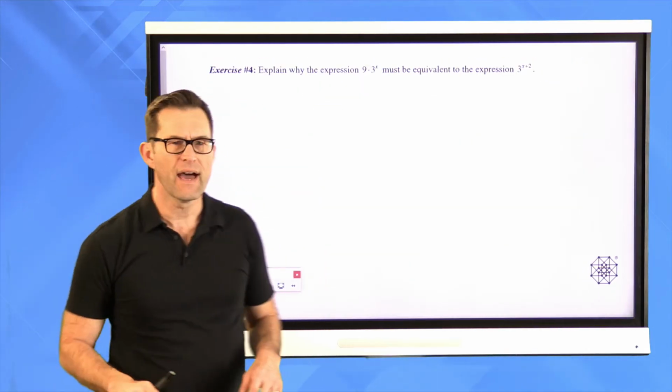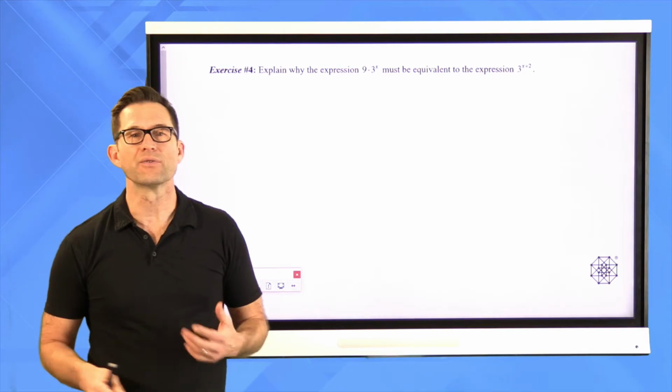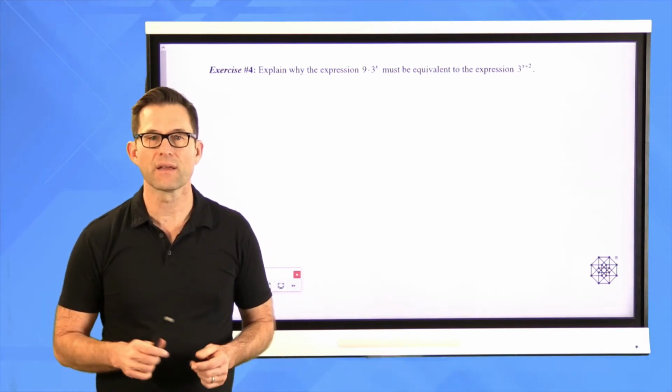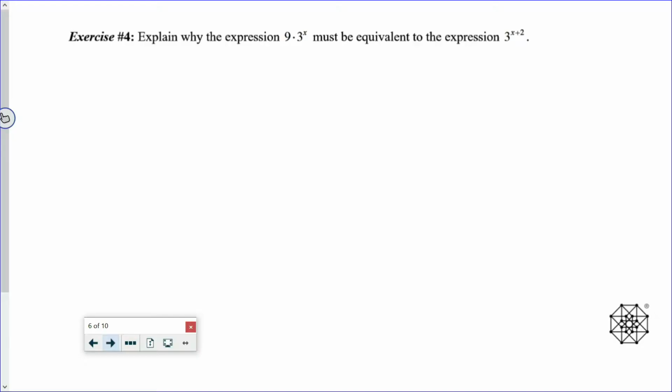All right, now, exponent properties are kind of interesting because you can use them in a variety of ways that can get a little tricky. Let's take a look at exercise number 4. Explain why the expression 9 times 3 to the x must be equivalent to the expression 3 to the x plus 2.